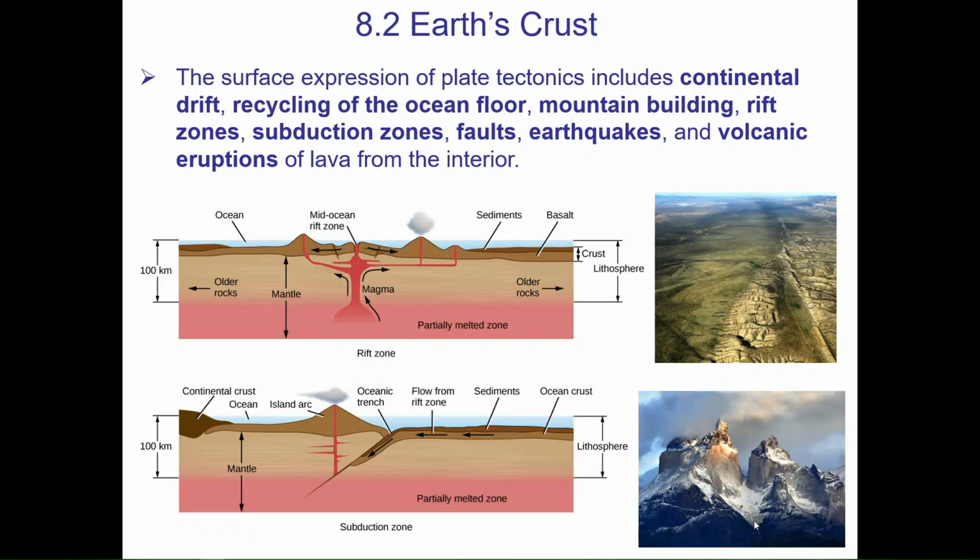And finally, when two continental masses are both thick, neither will go under the other to form a subduction zone. So what happens is they collide and push against each other under very large pressure.